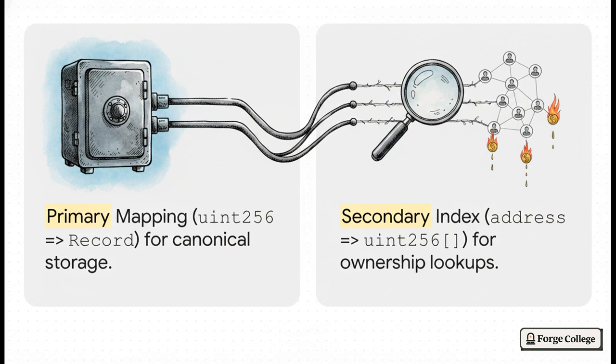But on the right, we have a secondary index mapping, an address to an array of uint256 IDs. Now, why do that? Well, because out in the real world, front-end applications need to easily look up everything a specific user owns. But remember our golden rule. Every extra index increases gas costs. We only wire this secondary ownership index because our specific application demands it. It's a calculated, totally justified expense.